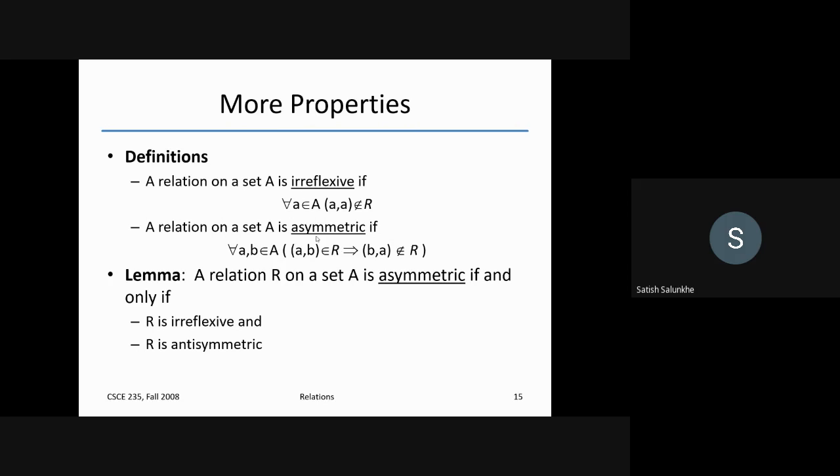Yeah, now ask what you are asking. So for antisymmetric, the condition was that (x, y) belongs to the relation and (y, x) belongs to the relation, and x should be equal to y.